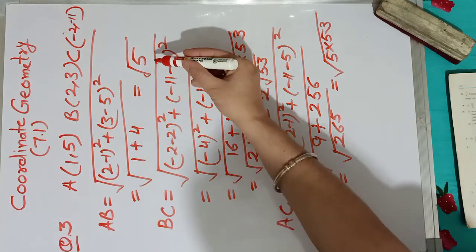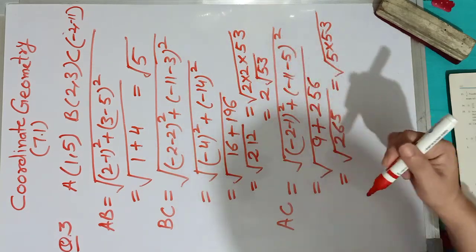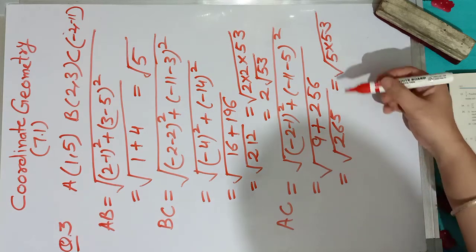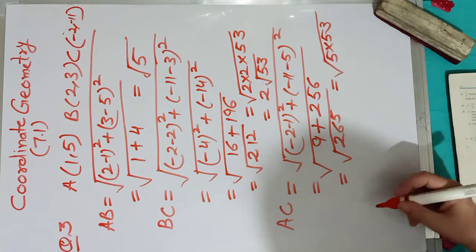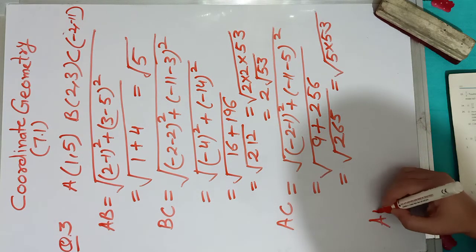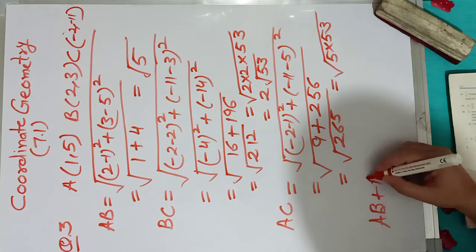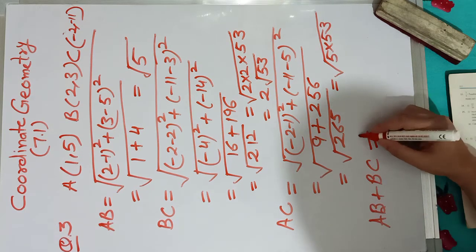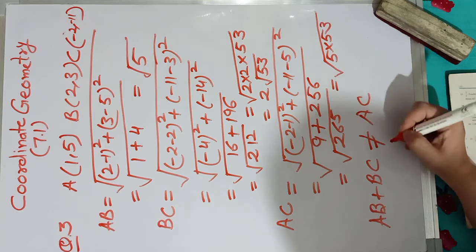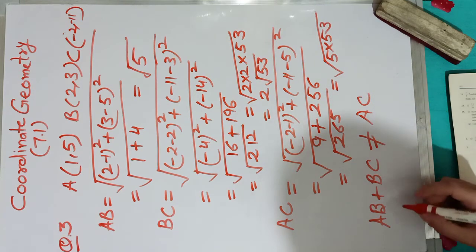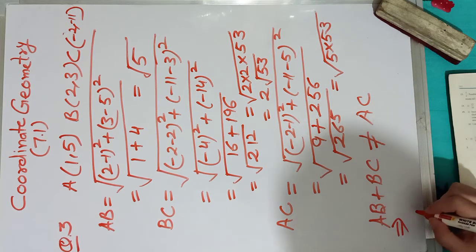So here AB is under root 5, BC is 2 under root 53 and AC is under root 265. Are they equal? AB plus BC is not equal to AC. What does it mean? Are the points collinear or not?